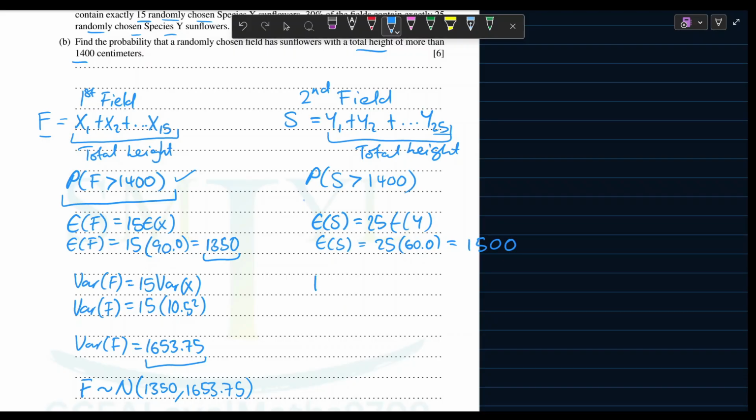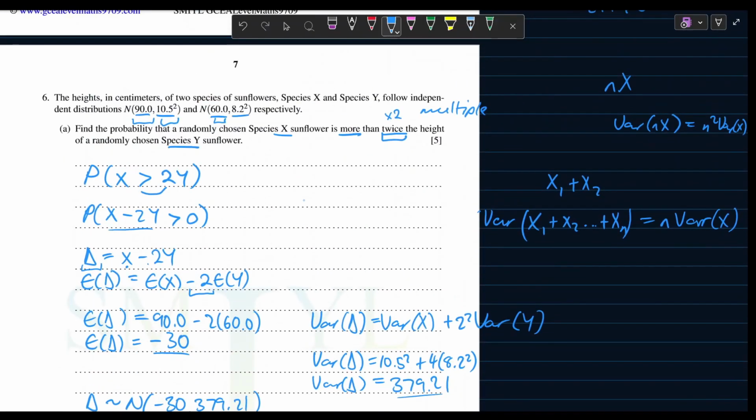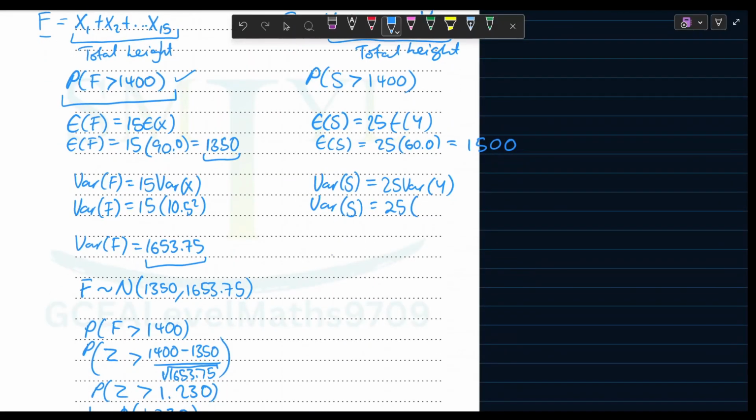And then we also need the variance of S. Again, because it's a sum, it's just 25 times the variance of Y, which is 8.2 squared. So 25 times 8.2 squared gives us 1681.